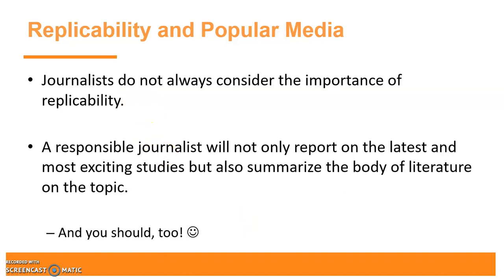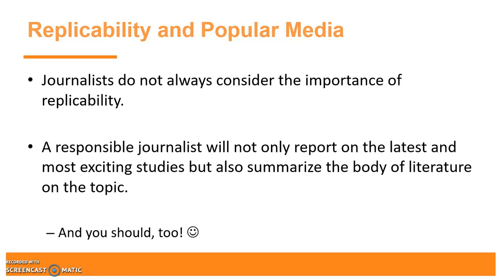It's important to keep in mind that you don't always find an appreciation in the popular media for replicability, and journalists usually don't latch onto a replication study and see that as a really exciting thing to write about.